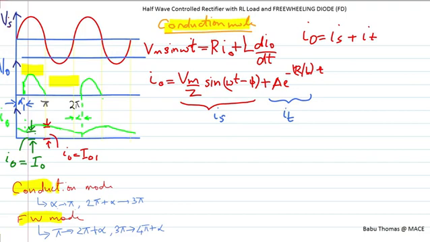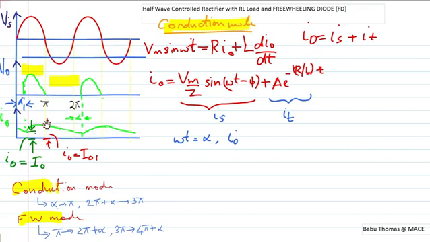Now we need to solve for this. In order to find the value of A, we have to apply the boundary conditions, so we need to look at the value at omega t equal to alpha. You can see the current waveform moves like this and then again like this, so you need to define the value of current at alpha and also at pi.